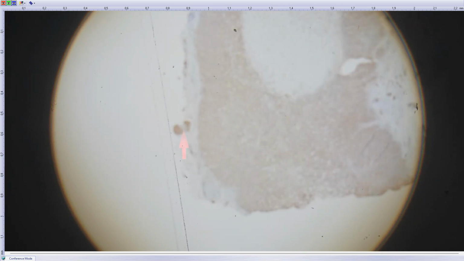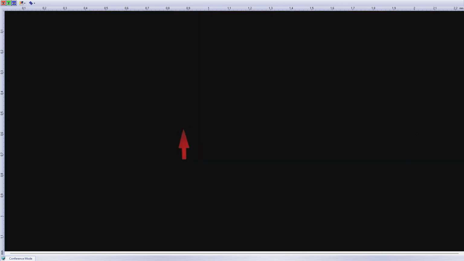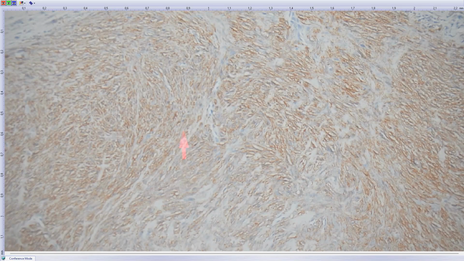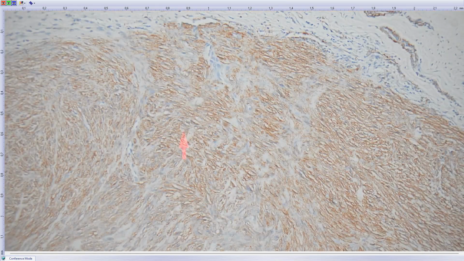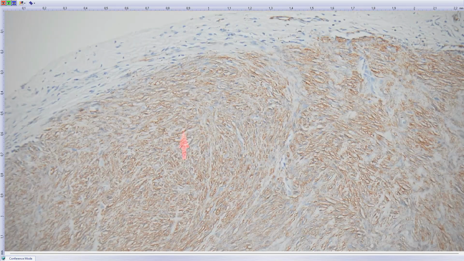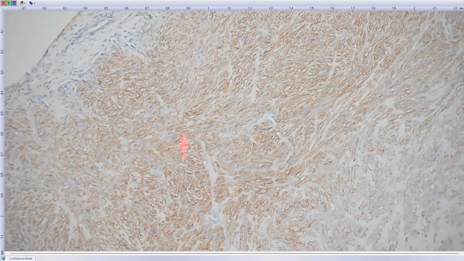Everything else was negative, but SMA shows 100% of cells positive. They call it a tram track pattern, where the staining is positive on both sides of the spindle cell. So it resembles tram tracks, which is a type of staining typical for myofibroblasts.